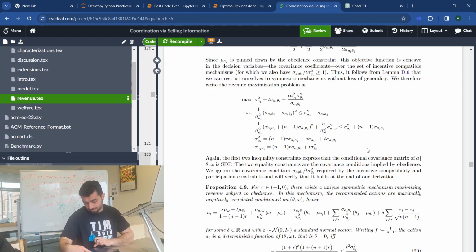So it turns to two over r squared sigma AI theta I. This equation stays the same.